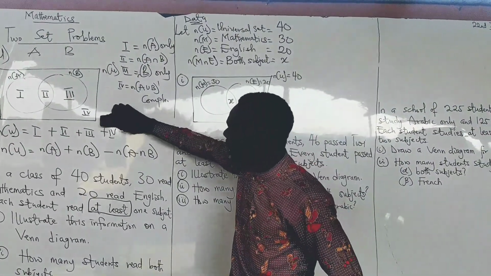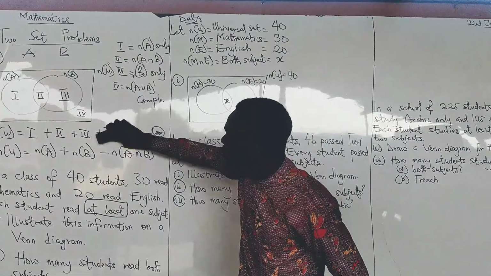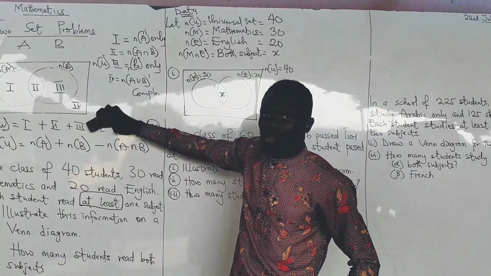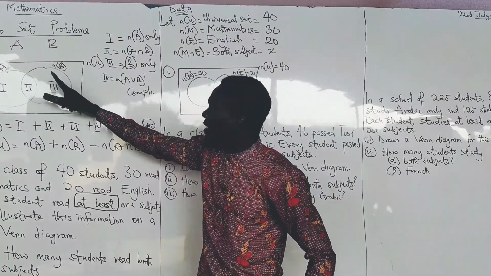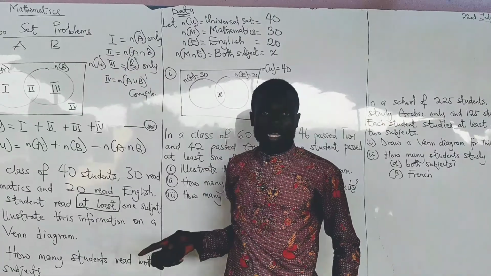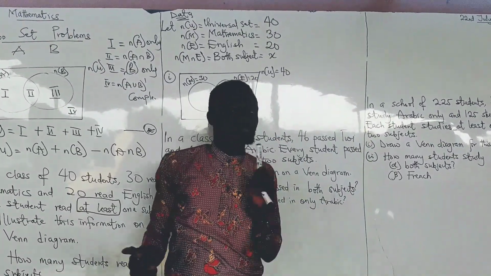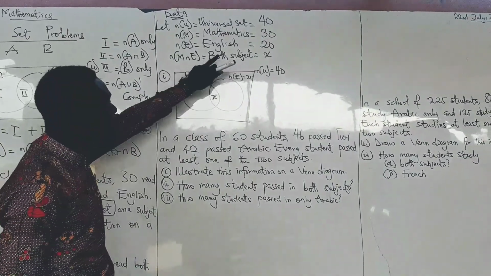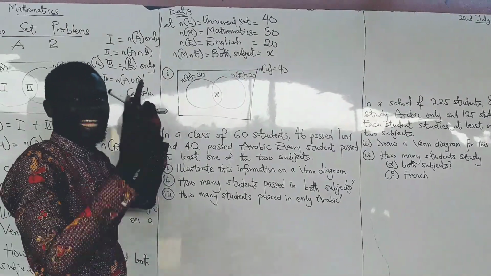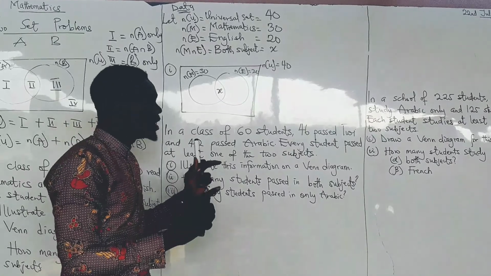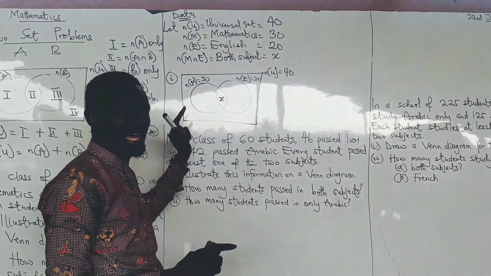So in writing that one, we are just going to write plus 0, or we ignore it or not write it at all. So this region plus this region plus this is the same as what? The universal set, if there is no complement. Good. So since there is no complement, or each of the students did at least one of the subjects, we are going to have our Venn diagram in this way.